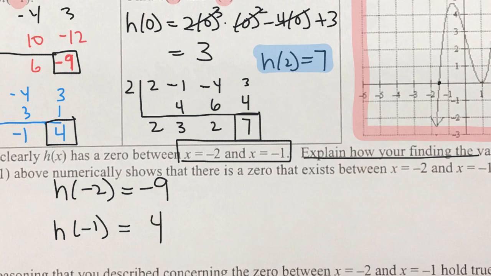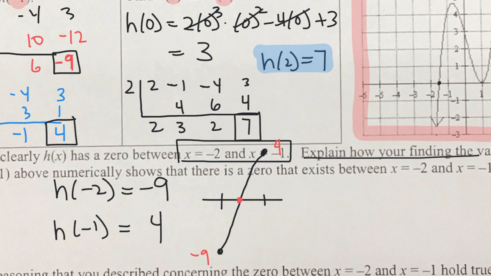So if I have, let me draw this again, if I have a -9 y value, and then I have a +4 y value, and the graph is continuous, what must happen between those 2 points? If I'm at -9 down here and I'm +4 up there, then what must occur between -9 and +4? Zero has to be in between -9 and +4.